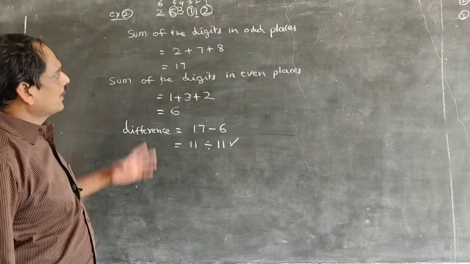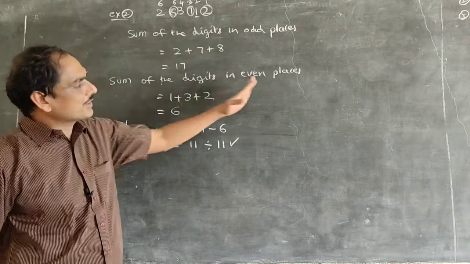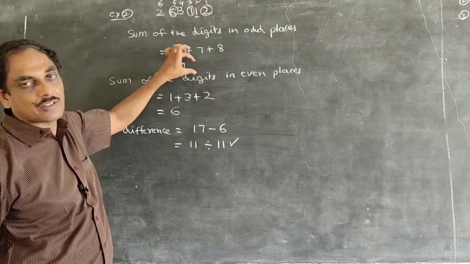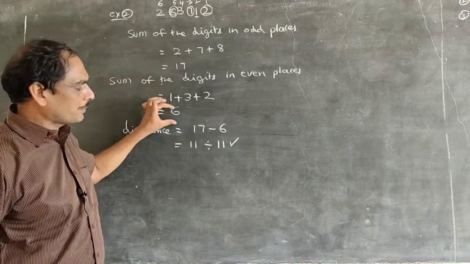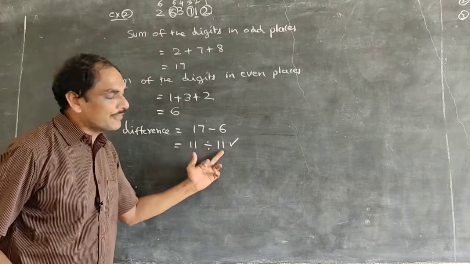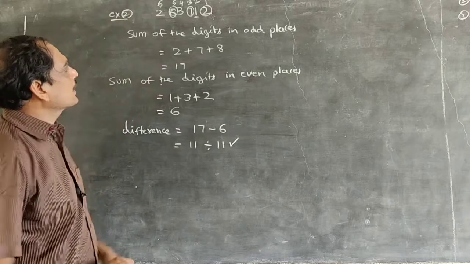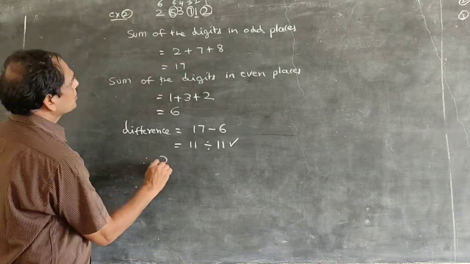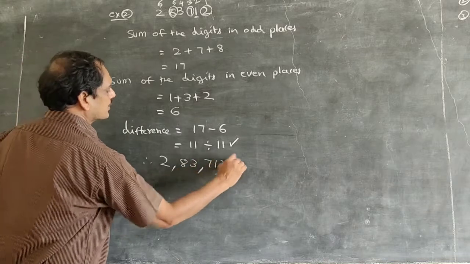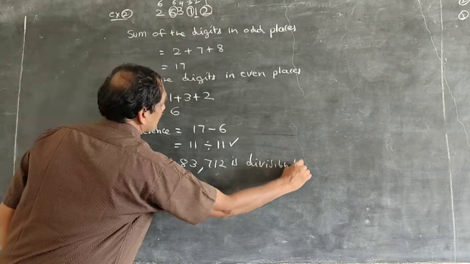So when the sum of the digits in odd places is not equal to the sum of the digits in even places, we find the difference between them, and we find whether it is divisible by 11 or not. If it is divisible by 11, then we say that the number 283712 is divisible by 11.